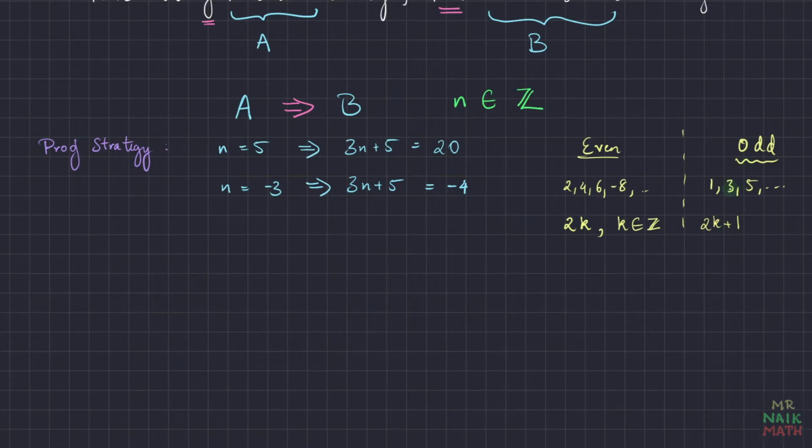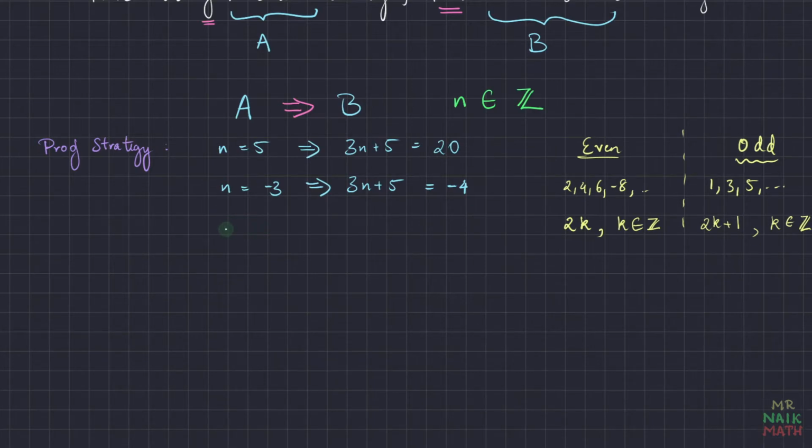For example, 3 can be written as 2 times 1 plus 1. 5 can be written as 2 times 2 plus 1. And of course, k has to be another integer. So now we're all set up. We know how to represent even integers and odd integers. Now somehow we need to incorporate this into our proof strategy.